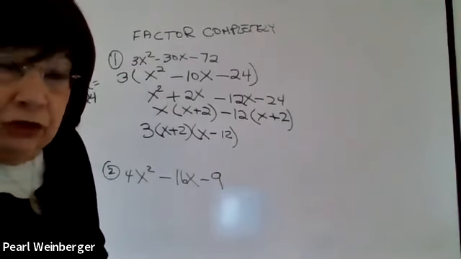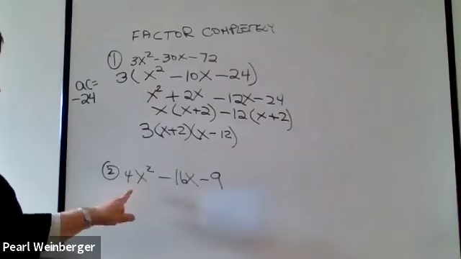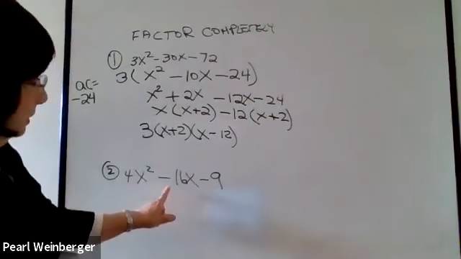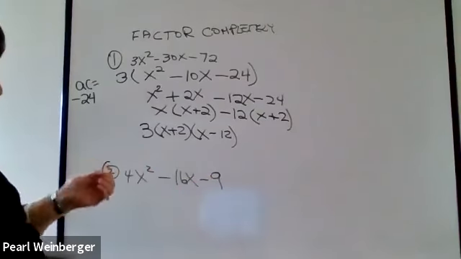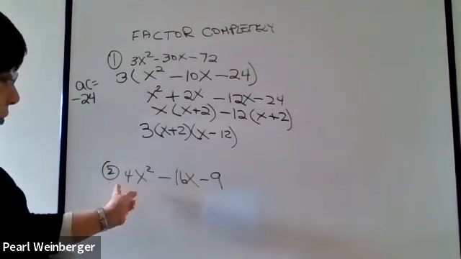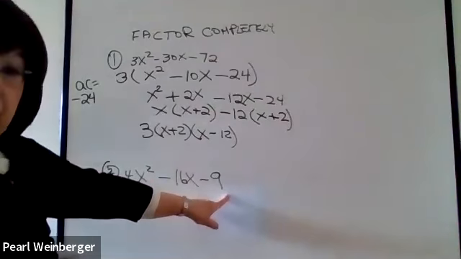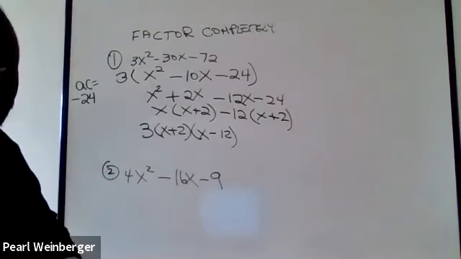Okay, so now let's look at that second example. The 4x squared minus 16x minus 9. Now, again, we have a leading coefficient, but that 4, even though it goes into the 16, doesn't go into the 9. There's no common factor between them.